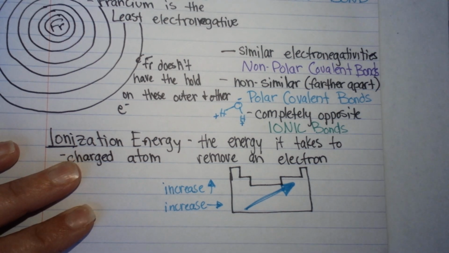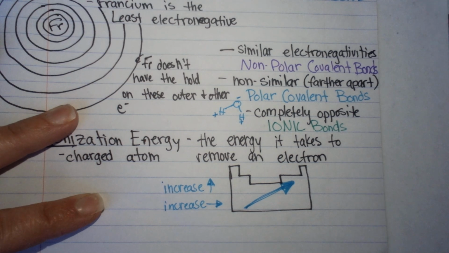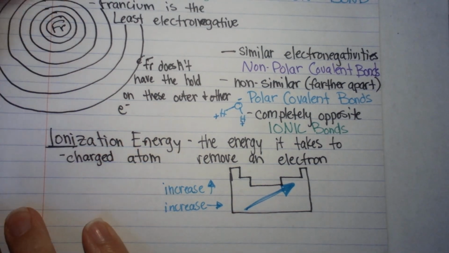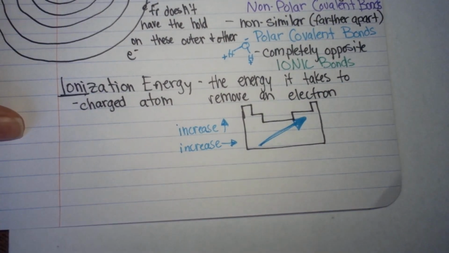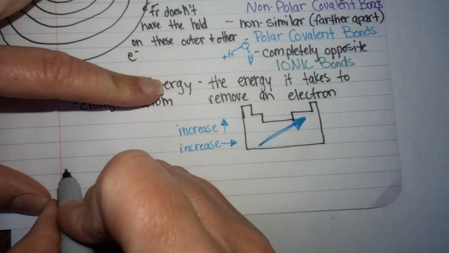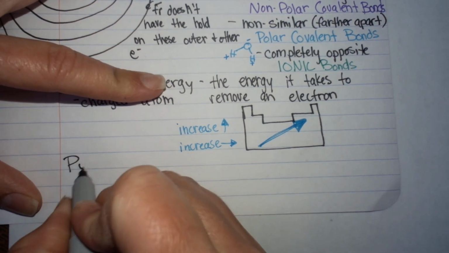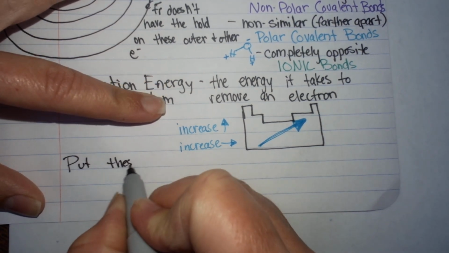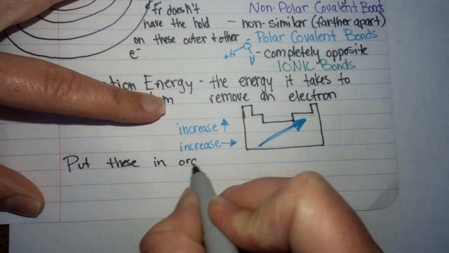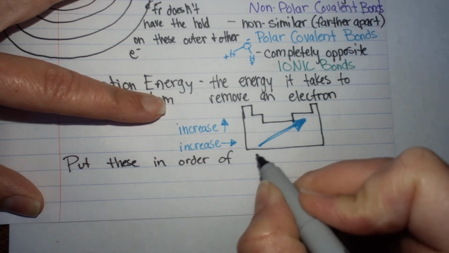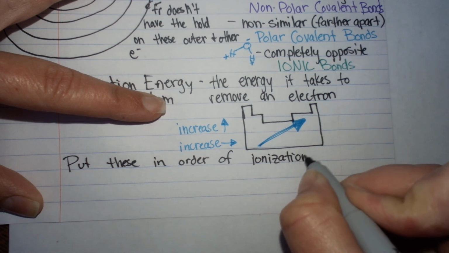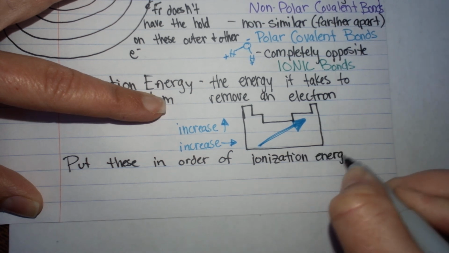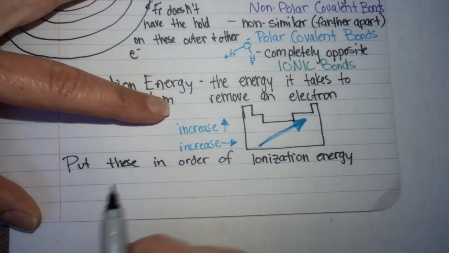Okay, so the kinds of questions that you need to be able to do is put atoms in order of electronegativity or in order of ionization energy. So let's do an example right here in our notebook. We'll put these in order of ionization energy.